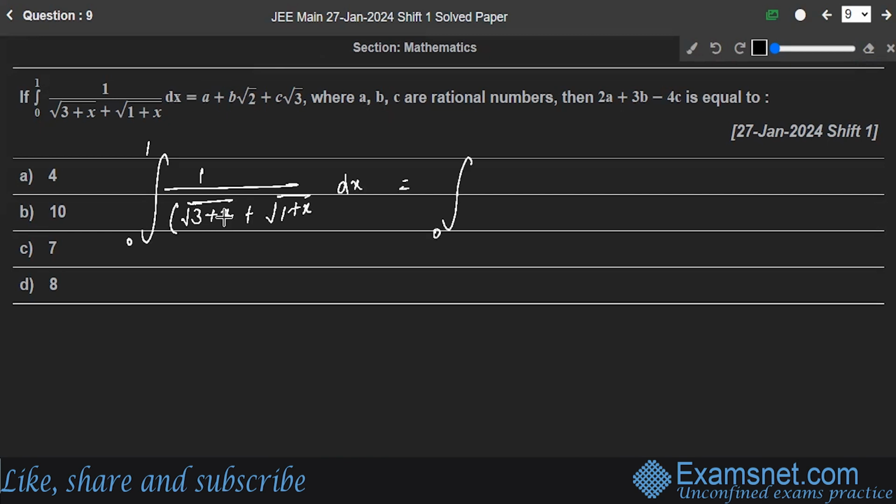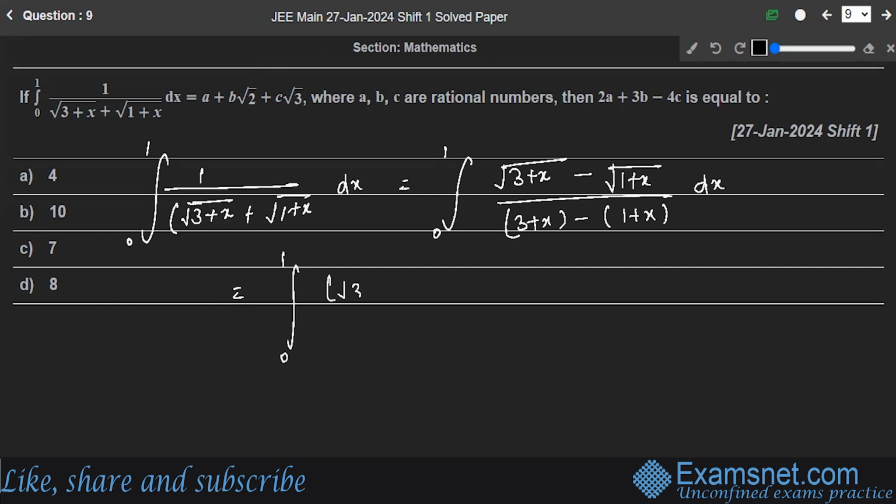This is equal to integral 0 to 1. Let's rationalize. You will have root 3 plus x minus this, a square minus b square. So this is 3 plus x minus this dx, which is equal to 0 to 1 root 3 plus x minus this dx. This will be 3 plus x minus, so this will be 2.